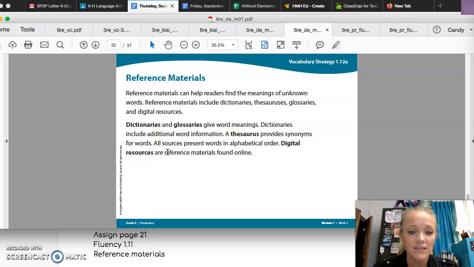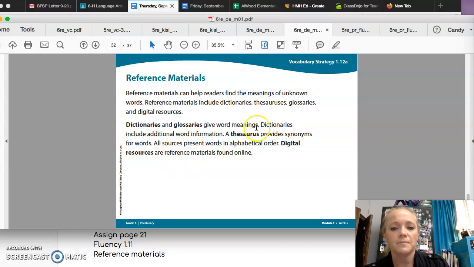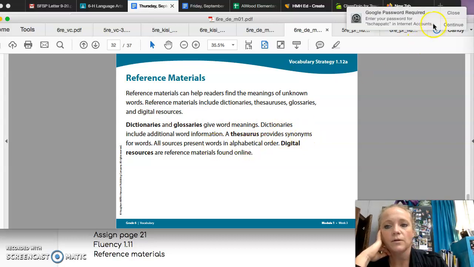Alexa, what's the temperature today? Basically, a reference material is any kind of material, any information source that you can refer to help you know the meanings of words, to help give you synonyms for words.